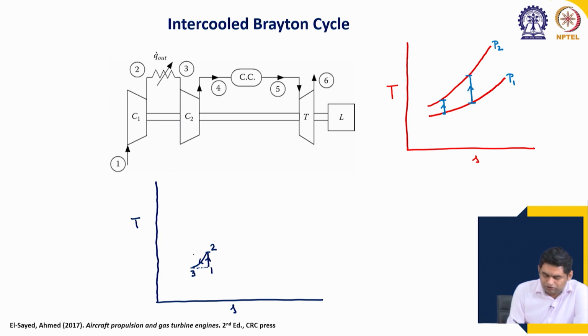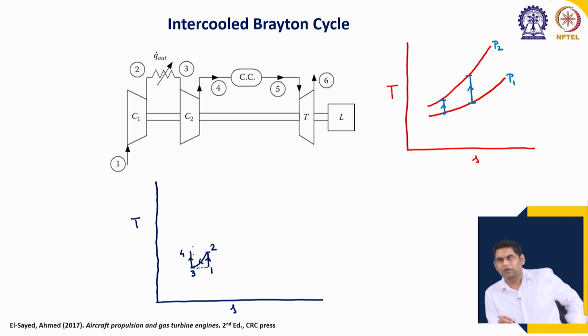Okay. So, after this there is a second compression process going from 3 to 4 to take the partially compressed air to the required combustion chamber pressure, or the turbine inlet pressure. Okay. So, up to 4.